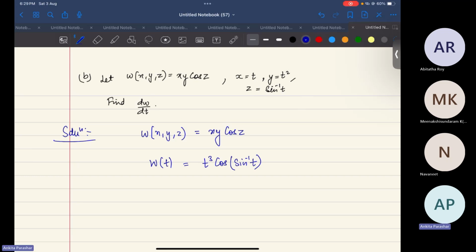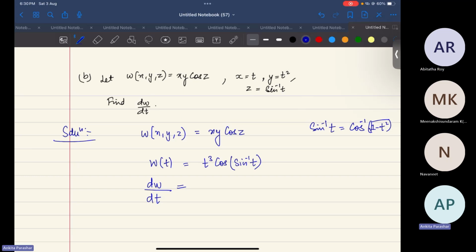One way is to directly differentiate it. How do you do that? The sine inverse t can be converted to cos inverse root 1 minus t square. Sorry, how do you see that?